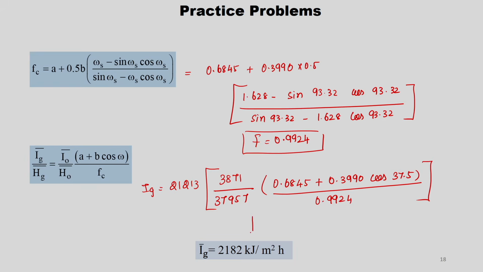If you calculate, your Ig is coming around 2182 kilojoules per meter square hour.